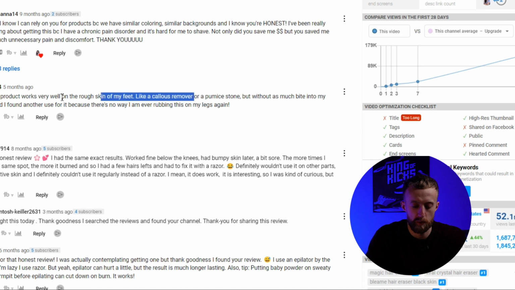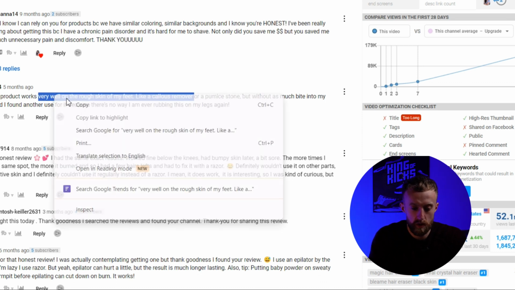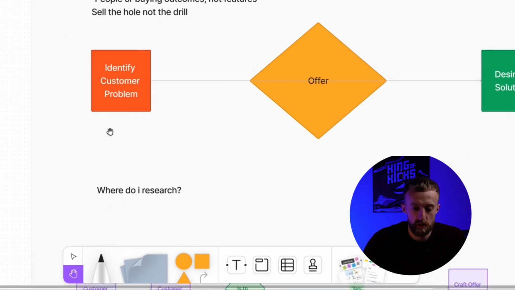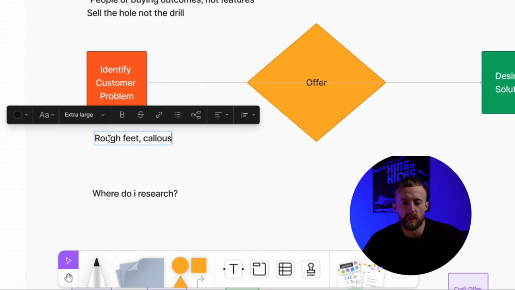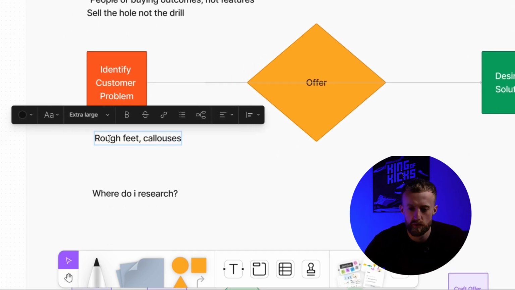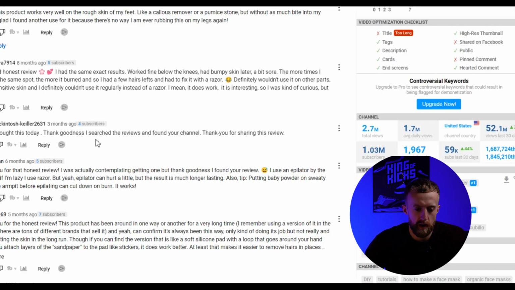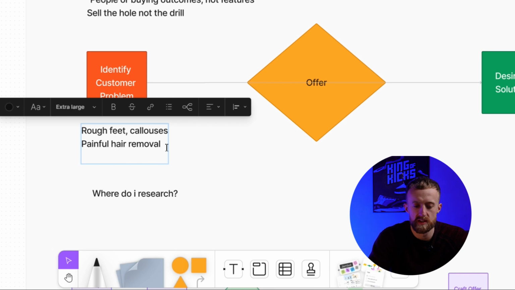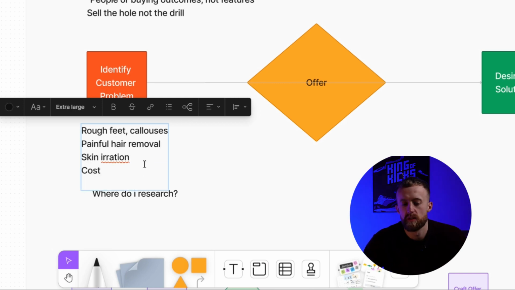So if a customer problem's got rough feet, calluses, that can be a customer problem. So again, customers reporting it can be painful, painful hair removal. You know, we need to read through, and then you see skin irritation, cost, you know, and plus, if you know the product yourself and you're in the market, you can put some of these off the top of your head.